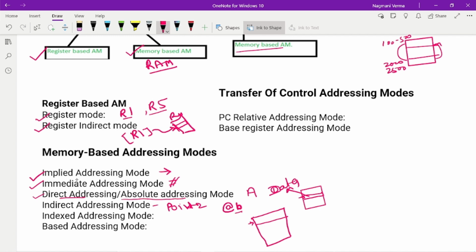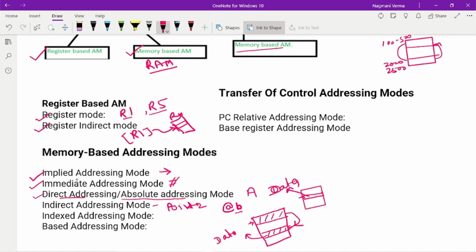Now it is coming here. From here they will find another address, and this is the effective address, and from here they will find the data. So you see there are two memory cycles.